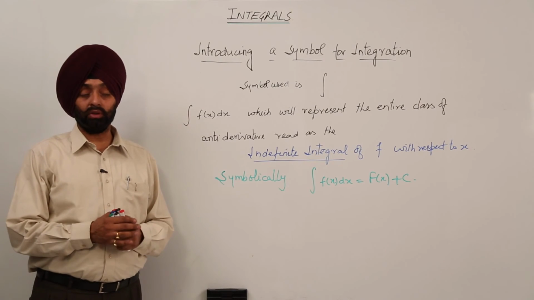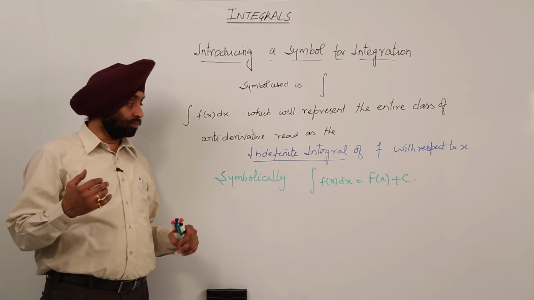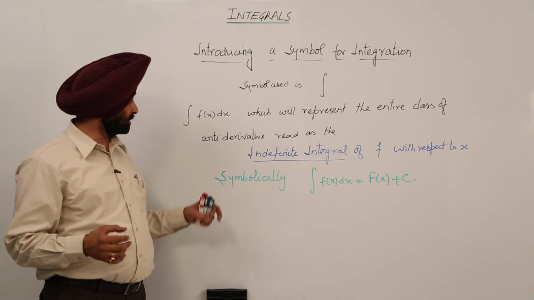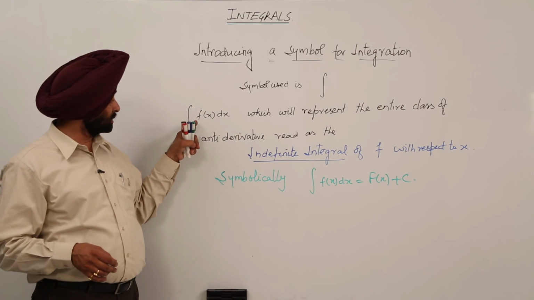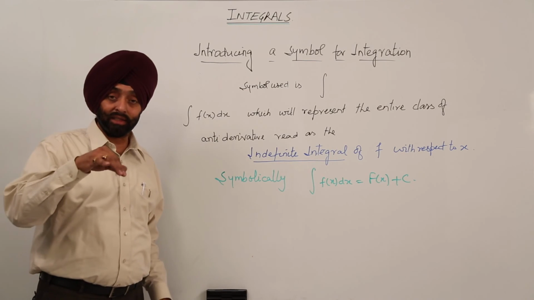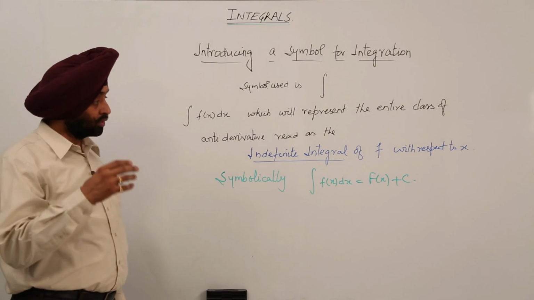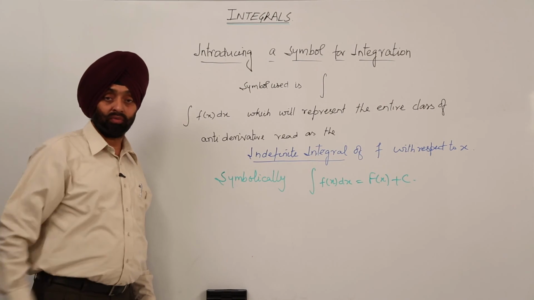I am going to tell you what this symbol basically represents, what this integration symbol is, what f(x) is, and what x is in it. Like this I am going to go systematically through this part, and then we will go for the formulas.